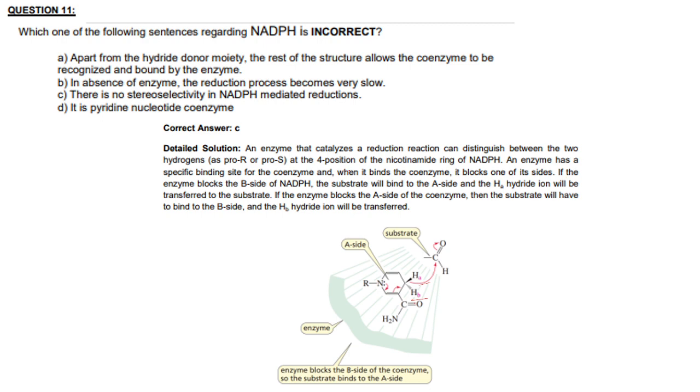If the enzyme blocks the B side of the NADPH, the substrate will bind to the A side and the HA hydride will be transferred to the substrate. If the enzyme blocks the A side, then the substrate will have to bind to the B side, and the HB hydride will be transferred. So there is stereoselectivity in NADPH mediated reactions. Option C is correct.